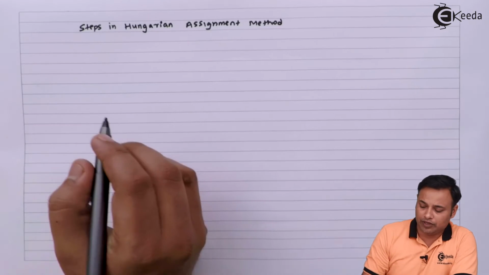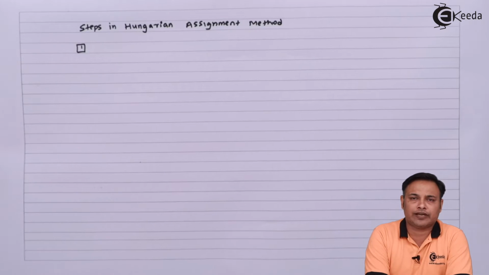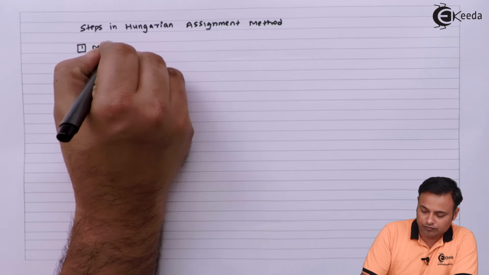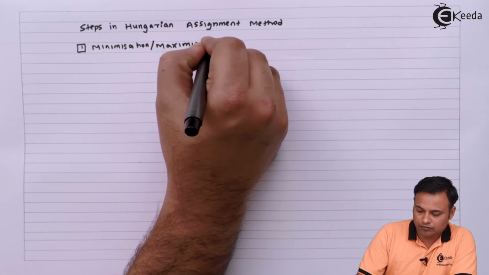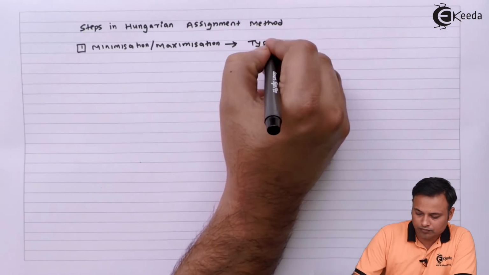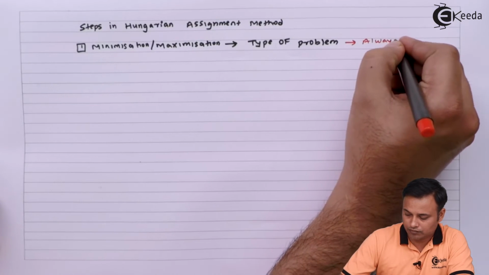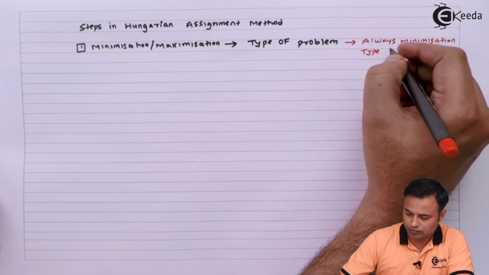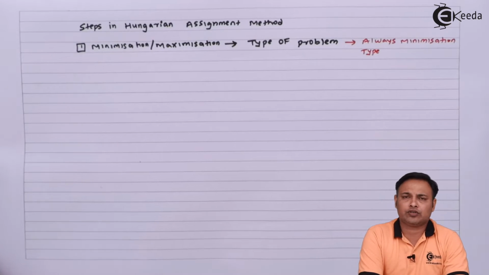So the first step is to check whether the problem is maximization or minimization, and it should always be a minimization problem.